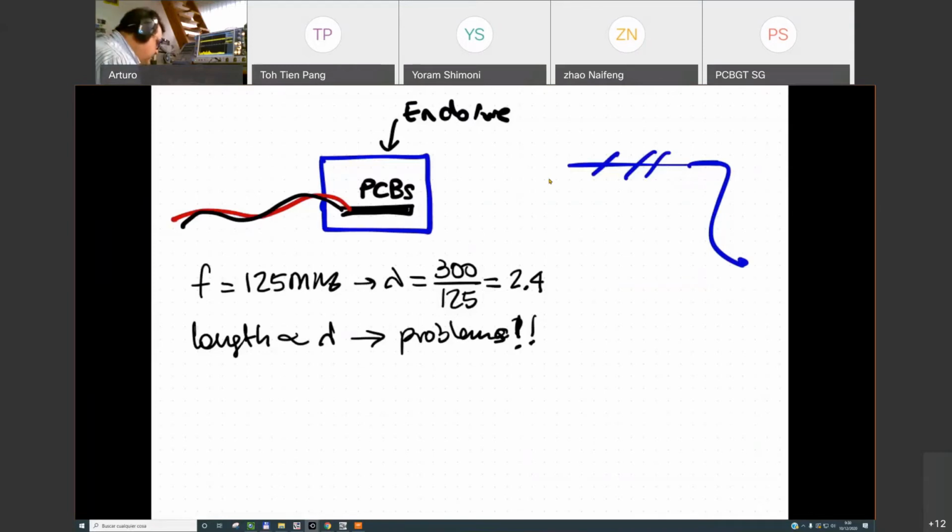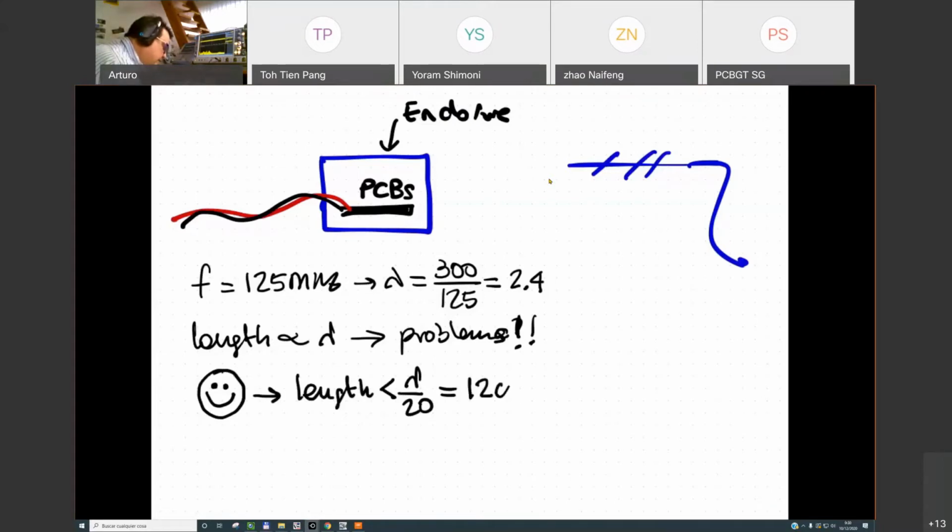That means if you want to be happy with EMI, then you need to put the length of your things smaller than lambda over 20. How much is lambda over 20 at this frequency? Lambda is 2.4 meters. 2.4 divided by 20 is 0.12. That means it is 12 centimeters.